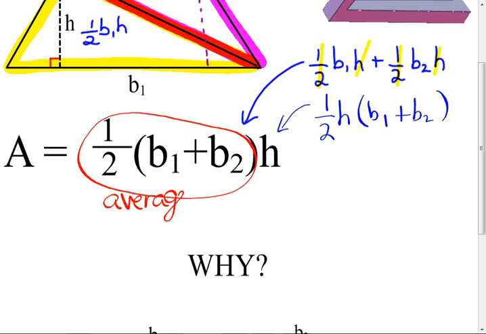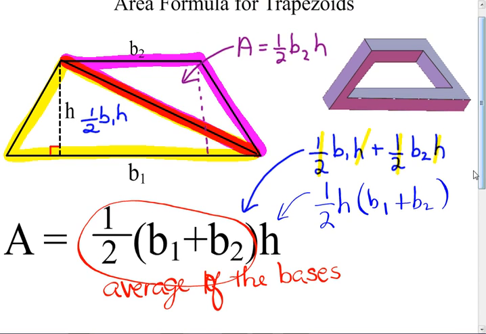So you could simply average the bases and then multiply by the height. Well, it's true in a parallelogram, but the bases are equal, if you think about it. And what is a trapezoid? Do you guys remember? Only one set of parallel sides, and there they are.